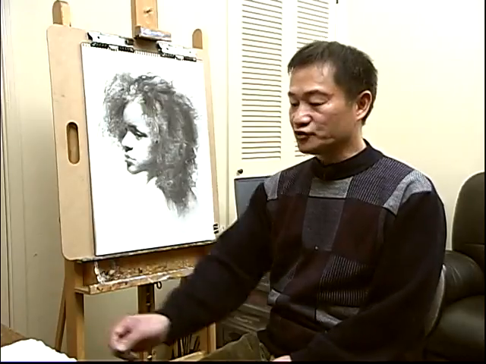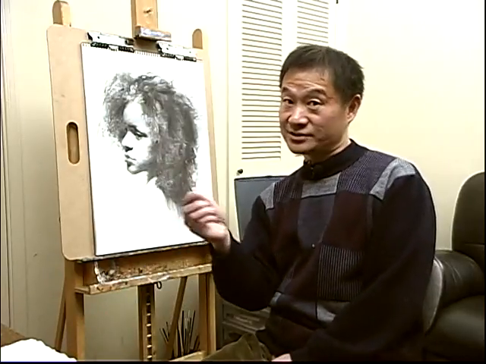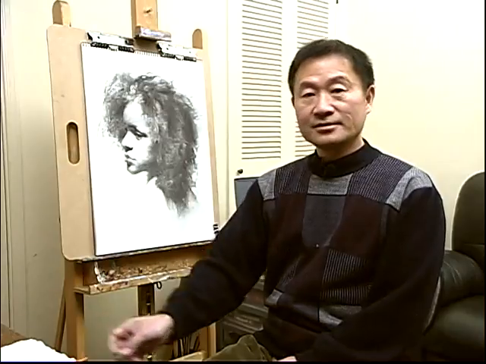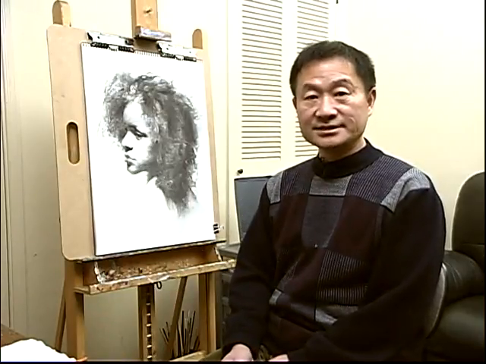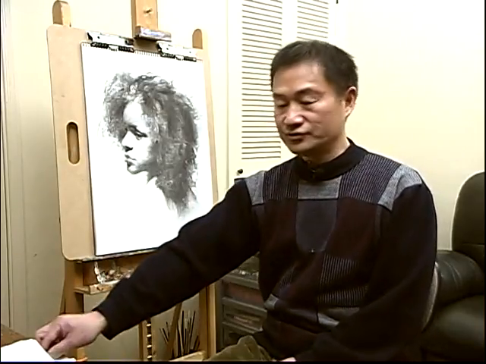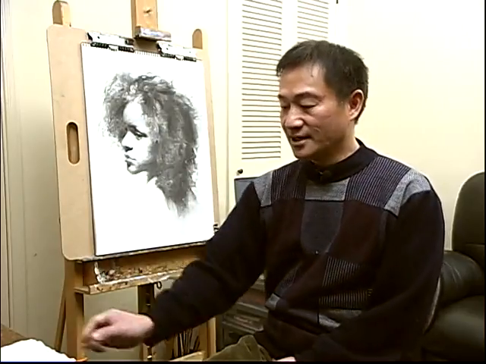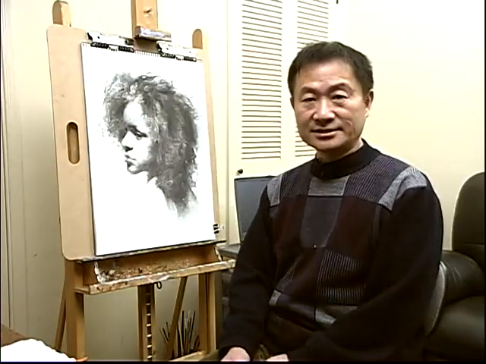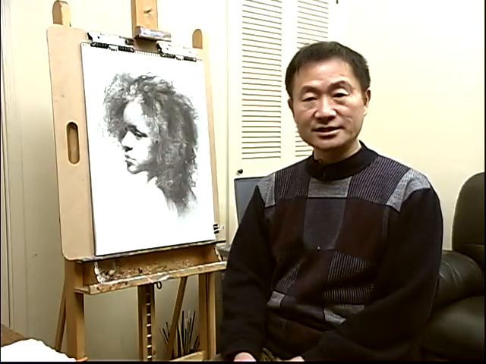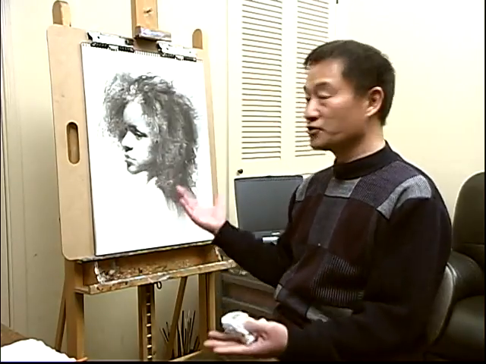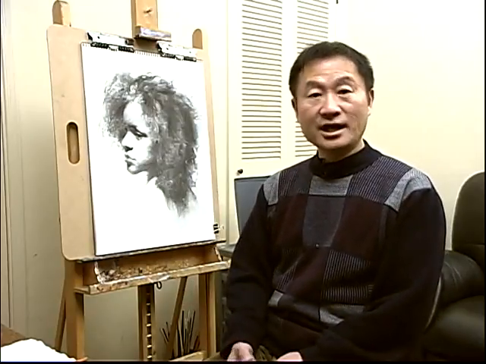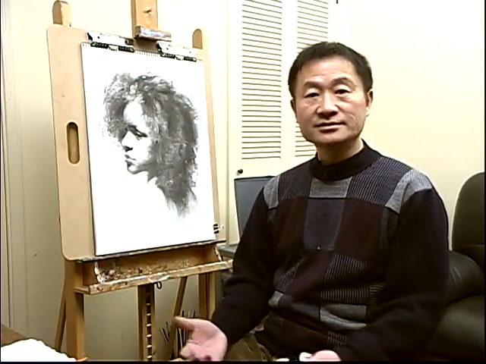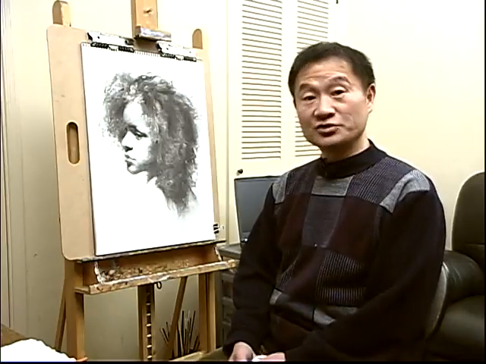Not like a charcoal pencil, where you have a cross section to slowly lay out the detail. So the vine charcoal covers so fast, and it's really good. But otherwise, there is another concern when you're using vine charcoal, because after you've done the drawing, how to preserve the drawing. So that's another issue we need to consider.